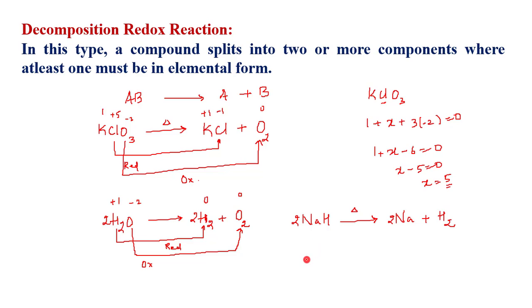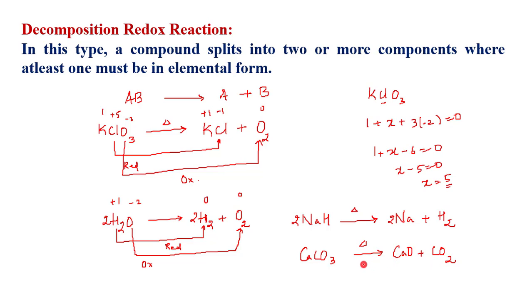Okay. Now if I take calcium carbonate splitting into calcium oxide plus carbon dioxide. Here also it appears the same as decomposition. Calcium carbonate, no doubt, is decomposing to produce calcium oxide and carbon dioxide. Upon heating, it also decomposes to produce calcium oxide and carbon dioxide.